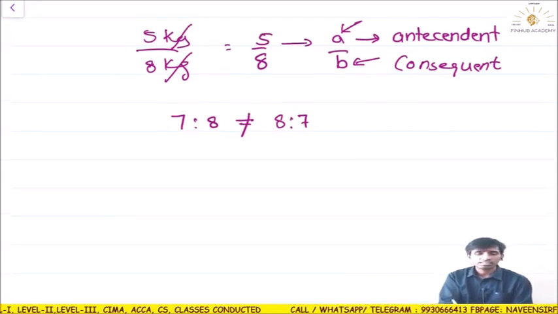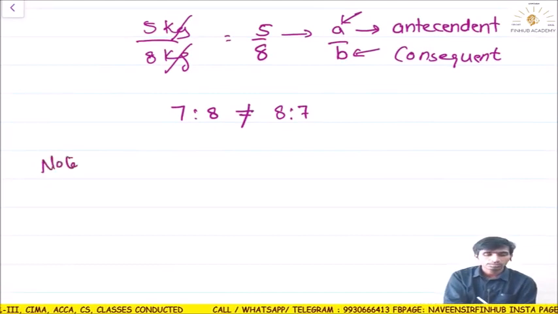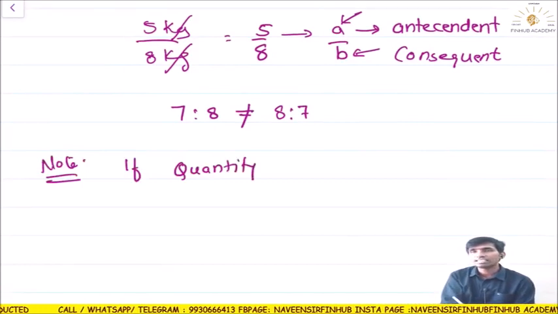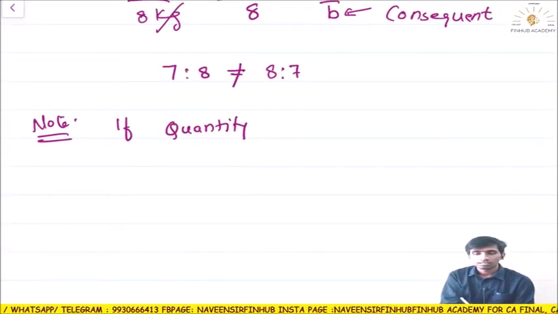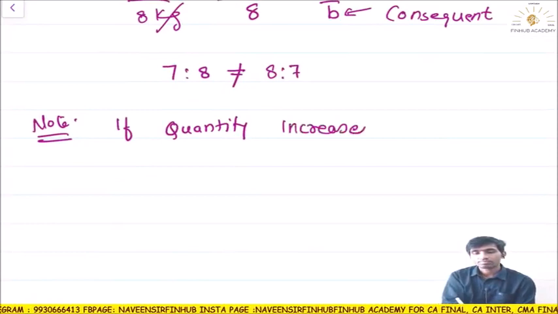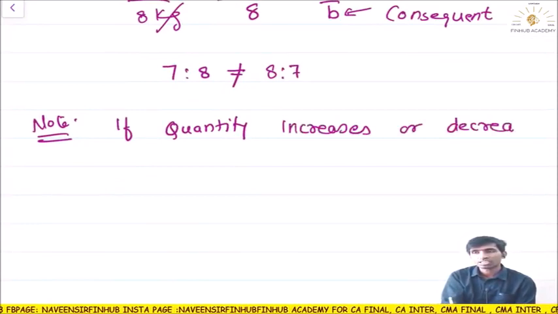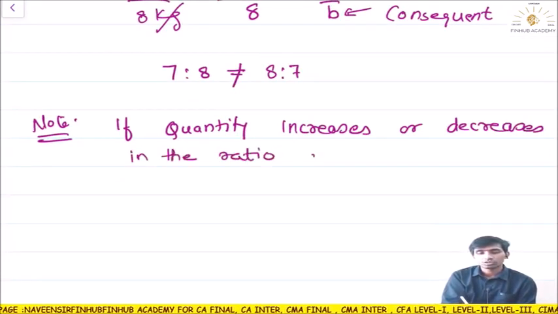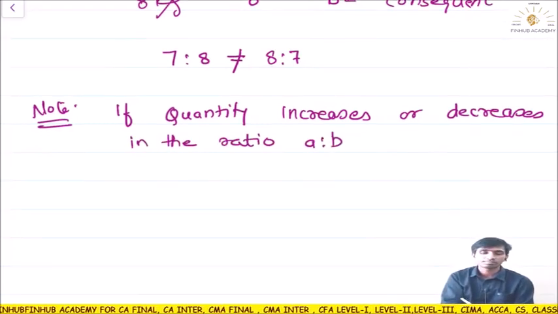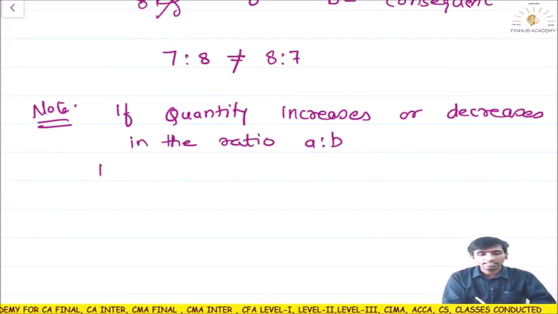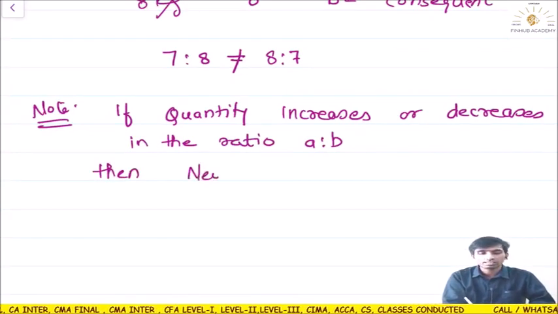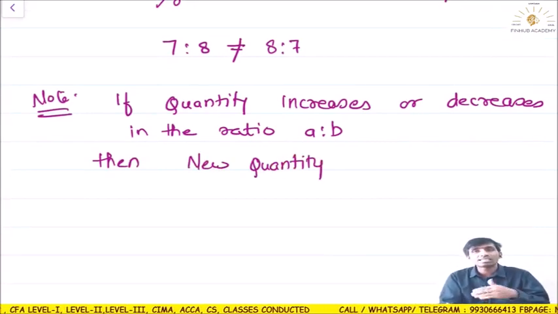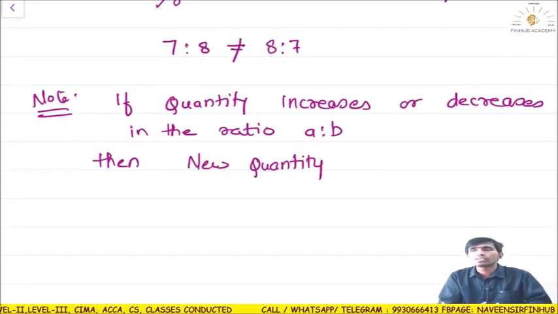Obviously, write one note. If a quantity increases or decreases in the ratio a is to b, then how will you calculate the new quantity?